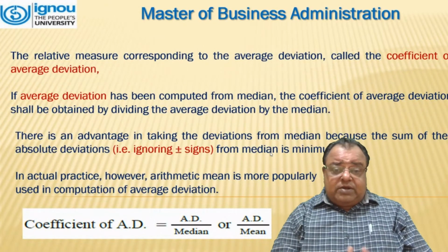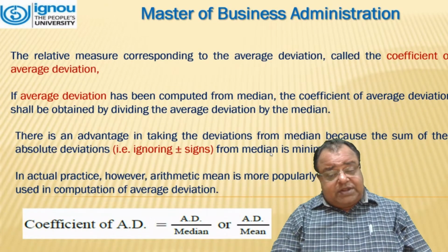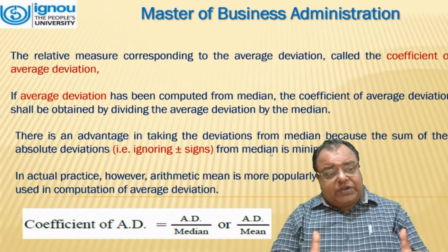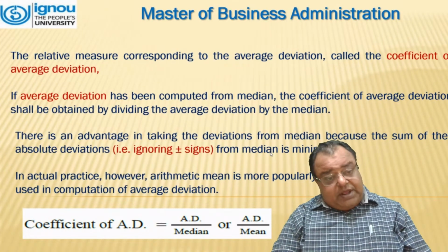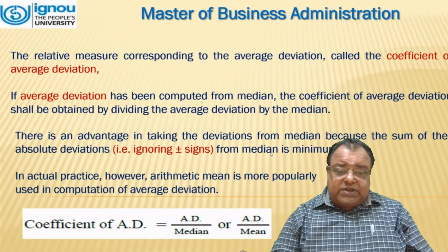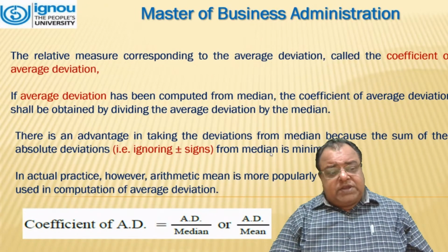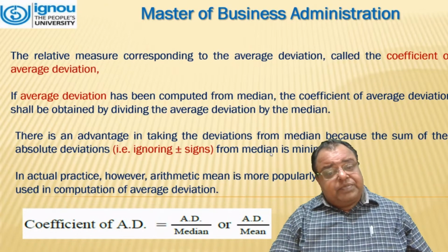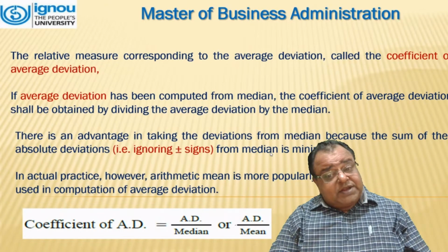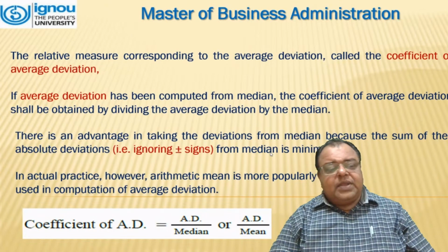The relative measure corresponding to the average deviation is known as the coefficient of average deviation. If average deviation has been computed from the median, the coefficient of average deviation is obtained by dividing the average deviation by the median.